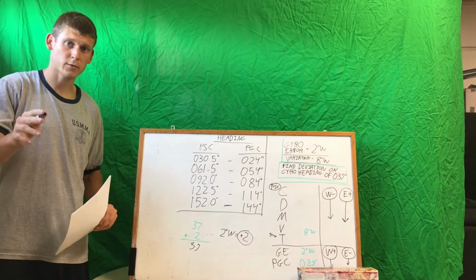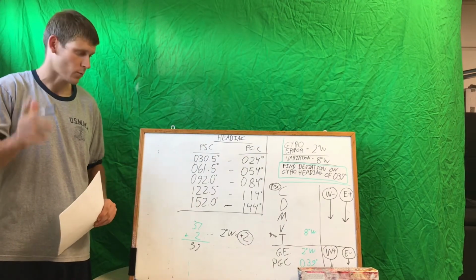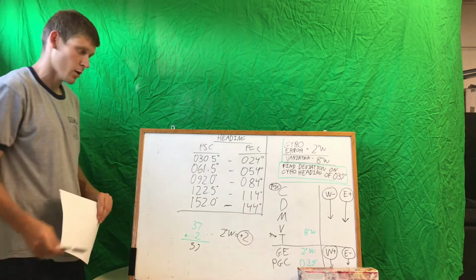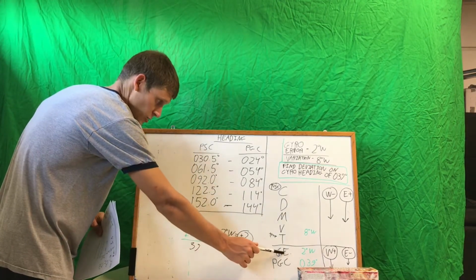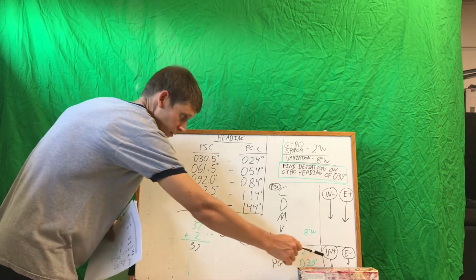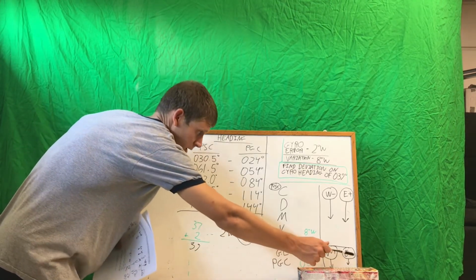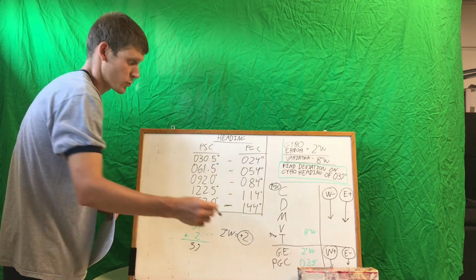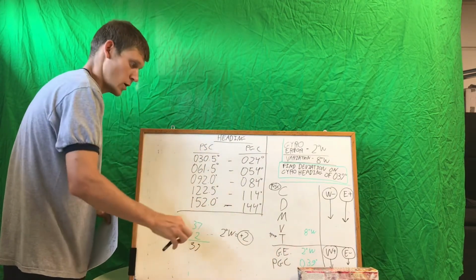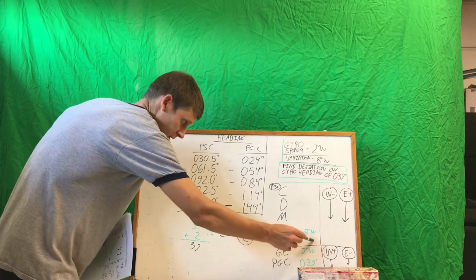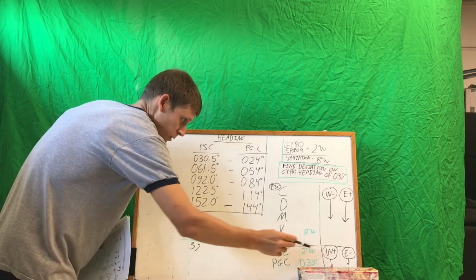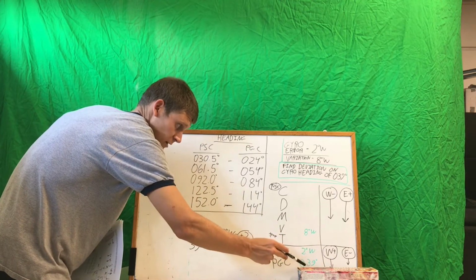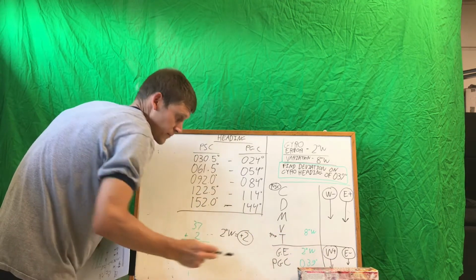Okay, so now that we have some knowns, let's figure out what the magnetic heading is. Like I said, since we're dealing with gyro error and per gyro compass, any degrees that are west are going to be positive numbers, and any degrees that are east will be negative numbers. We're trying to figure out what true is. So we need a number, and we need to add 2, because it's 2 west, to get 039.